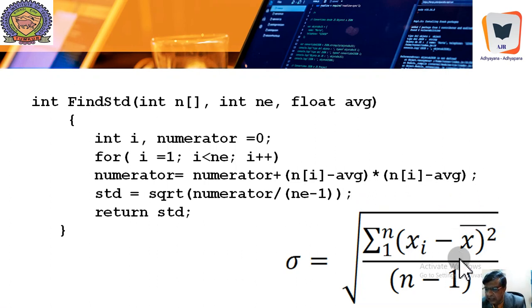So this is xi minus x bar whole square, and it is added. So sigma is implemented, and what we get at the end is the complete squared and added value. Now standard deviation is computed as square root of numerator divided by ne minus 1, and this function promptly returns standard deviation.